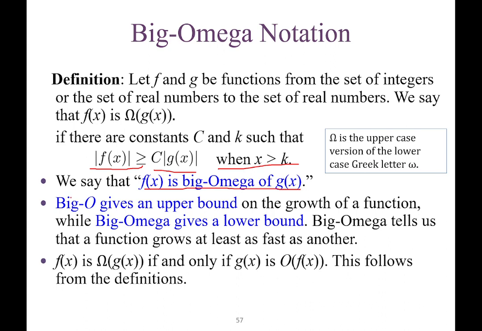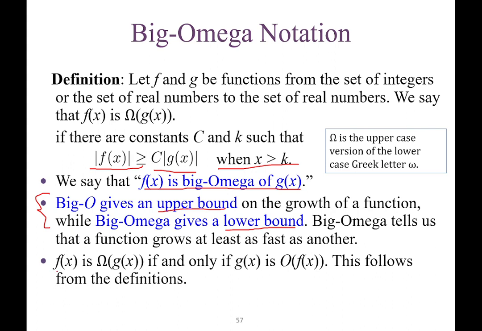It's easy to confuse these two definitions. It would be very helpful if you consider that big O gives the upper bound and big omega gives the lower bound of the other functions. It will help you easily remember the definition of this notation.